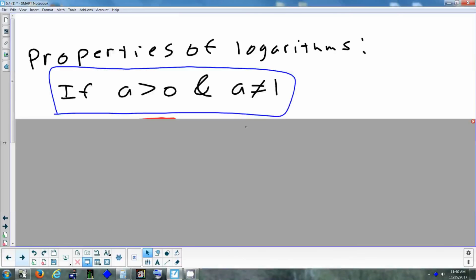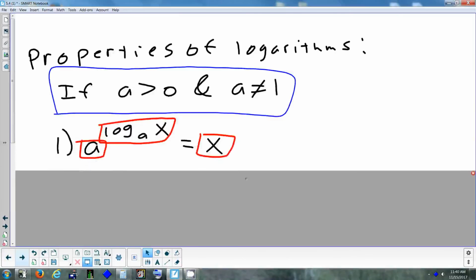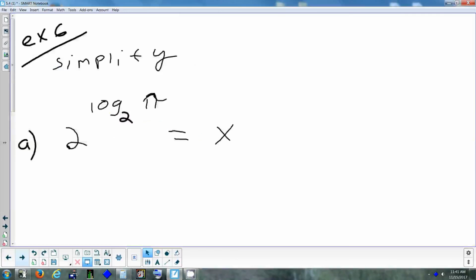Okay. So first property says if you have a, and then the next box, that's an exponent, a raised to the power log base a of x, that would just come out to x. So what's happening is it's kind of like this one. This number and this number match.